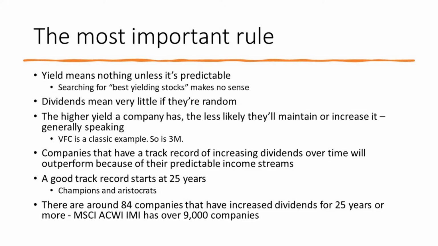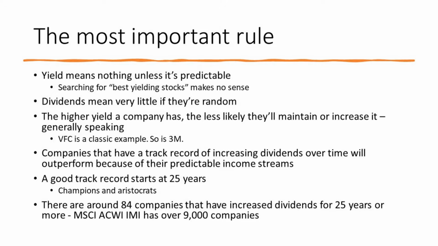Now, companies that have a track record of increasing their dividends over time will outperform because those have become predictable income streams. And when we talk about consistency, a good track record starts at about 25 years of increasing, not just paying, increasing the dividend every year consistently in a row.